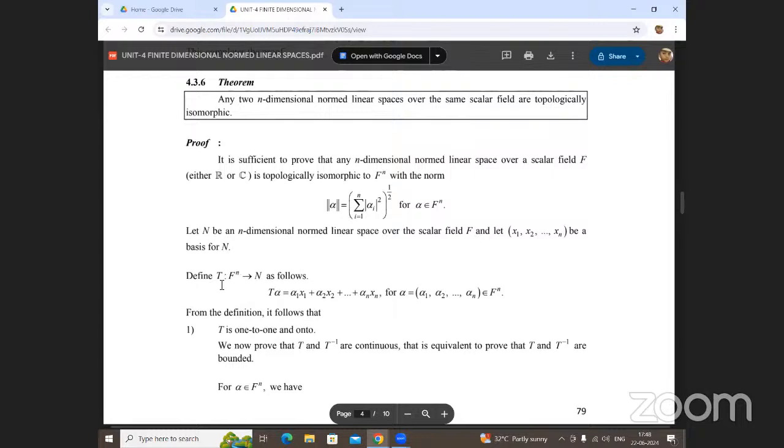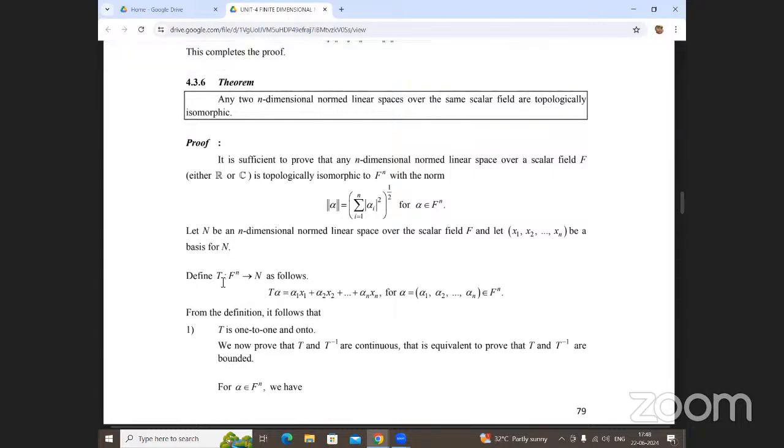Now define the mapping, meaning the transformation or functional, whatever it is. Here capital T is defined from n-tuples of the field to capital N, the n-dimensional normed linear space, and the connecting transformation is capital T.